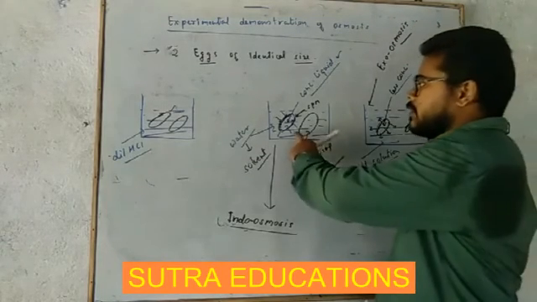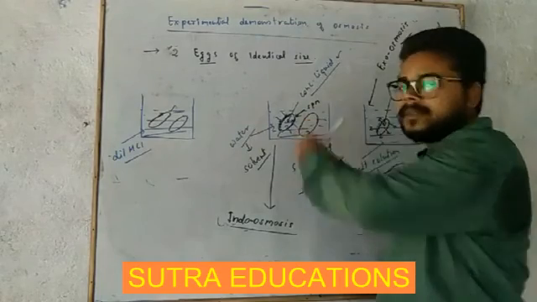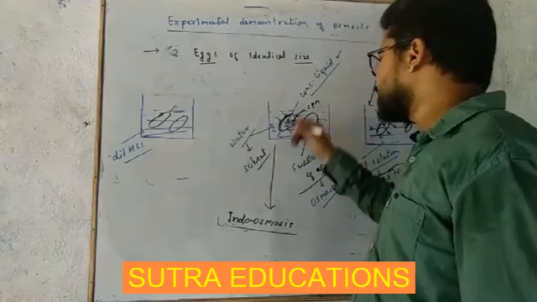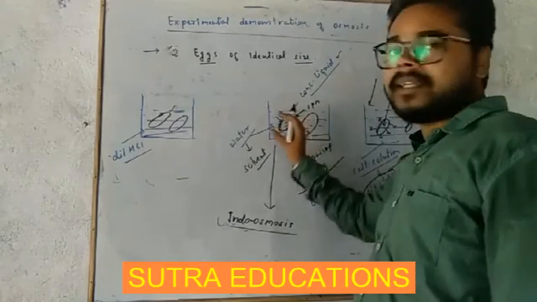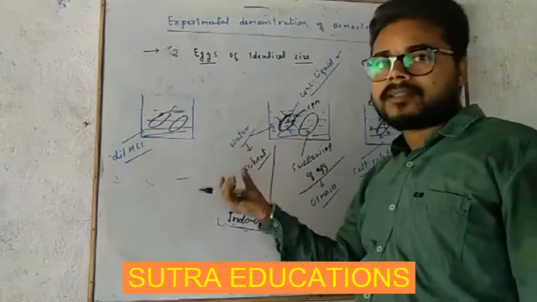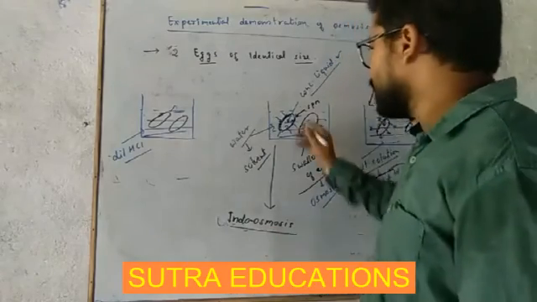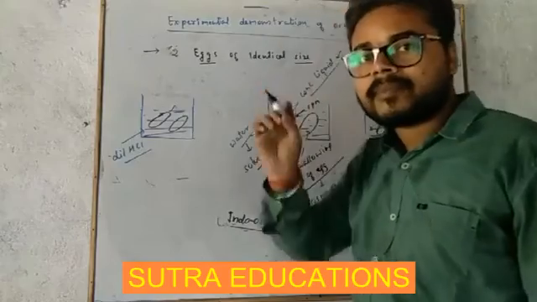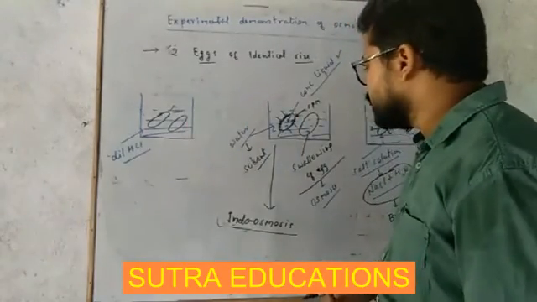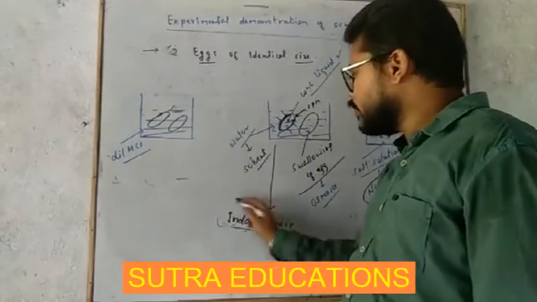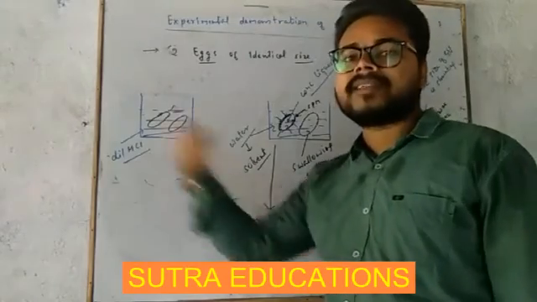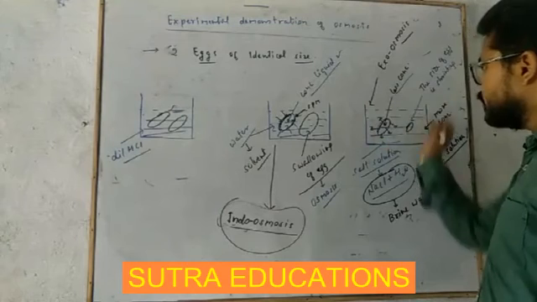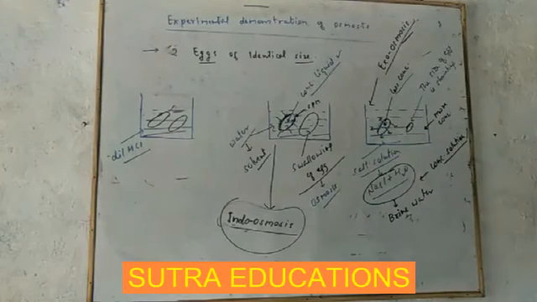Through the SPM, flow of solvent is taking place, and inside the egg this solvent is entering. It means it is endoosmosis. Endo means inside. Exo means outside, where liquid is coming outside. So this is exoosmosis. Got it?